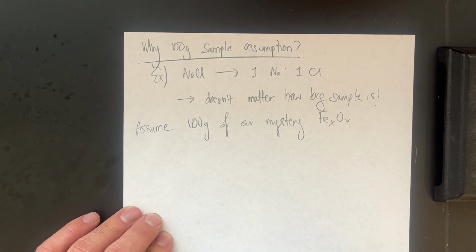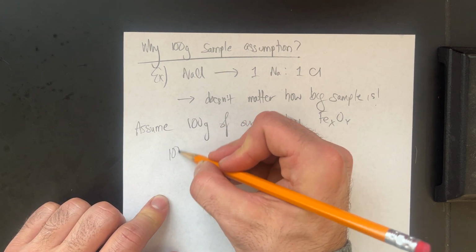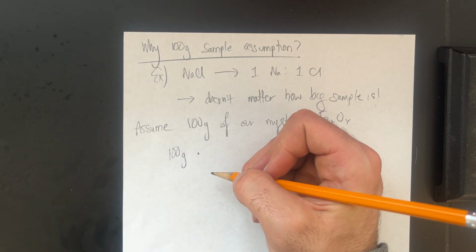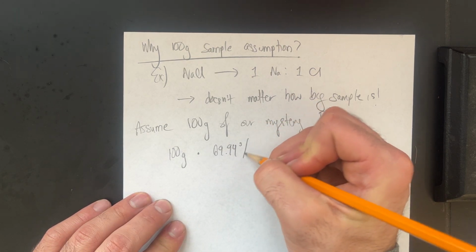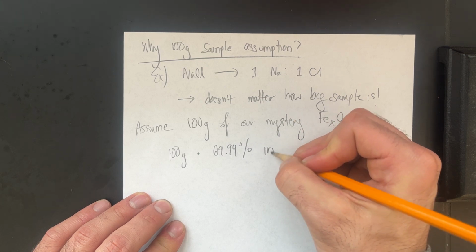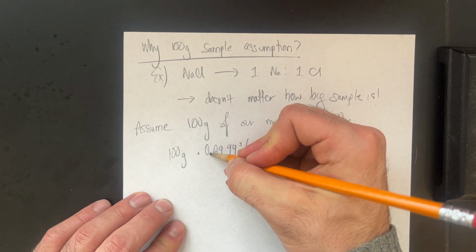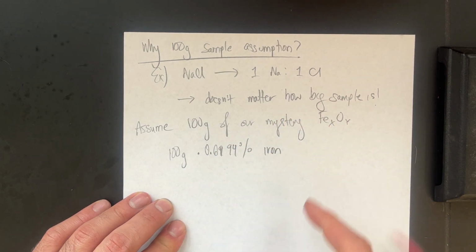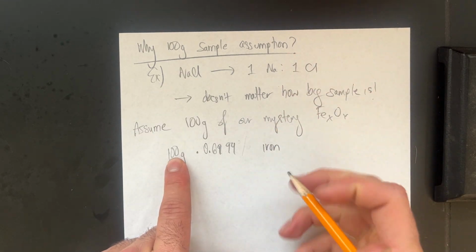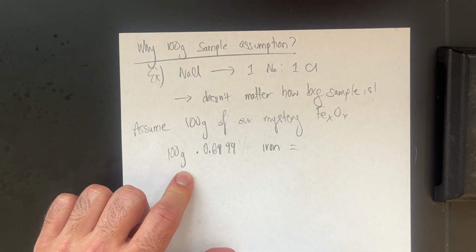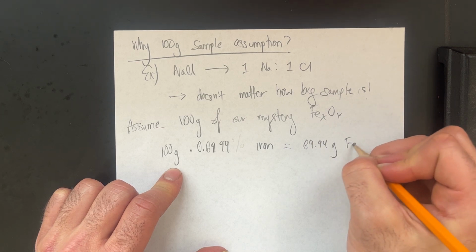So if we have 100 grams of this substance, and we said we had found that 69.94% of it is iron, right? 69.94% as a decimal is 0.6994. If 0.6994 of 100 grams is iron, then how much iron do you have? You have 69.94 grams of iron, right?